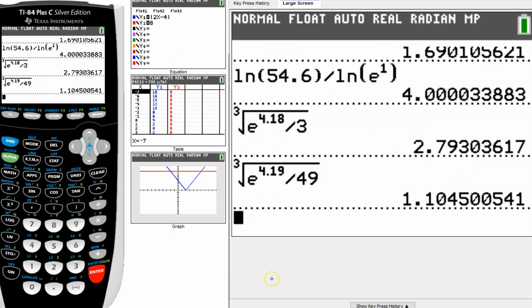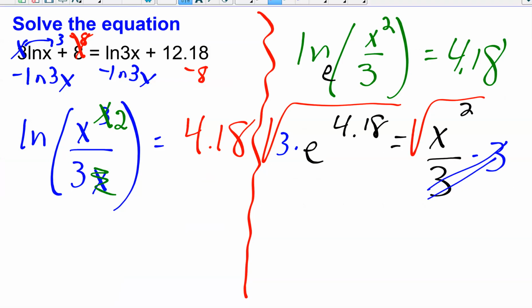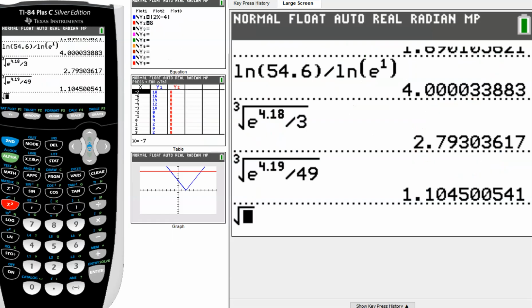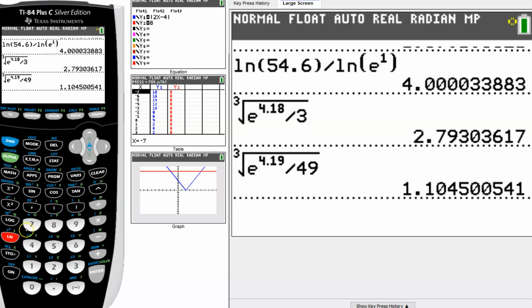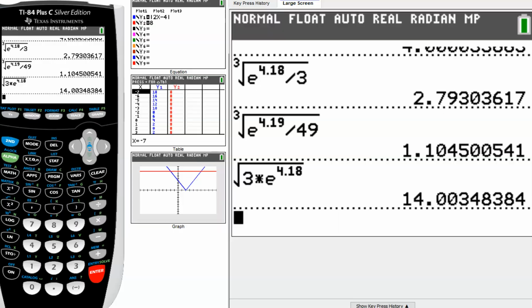If I was going to show that on my calculator, I'm going to do the square root of 3 times e to the 4.18. And there's my final answer.